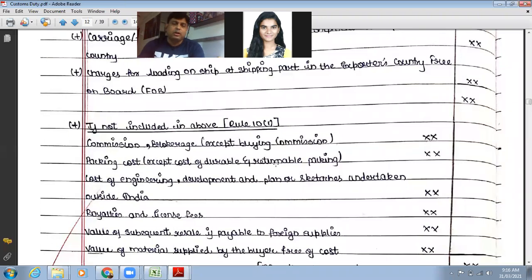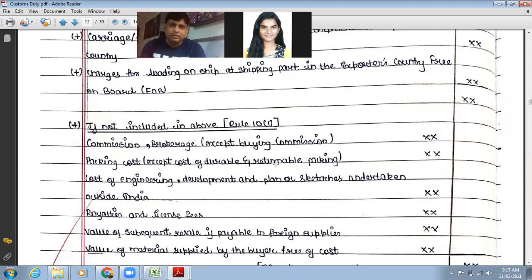You must have seen that whenever goods are exported, it is in big tankers or tank kind of containers, and they are returnable. Again in that, they put the goods, and the next shipment or next consignment takes place. If such kind of packing is there, that is not to be considered as a part of cost.